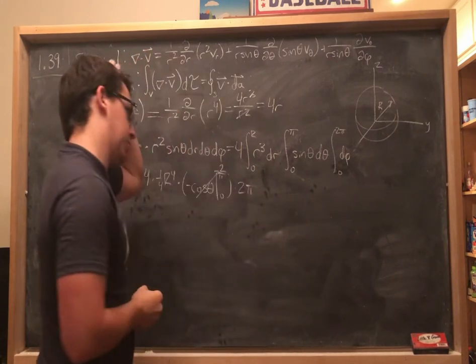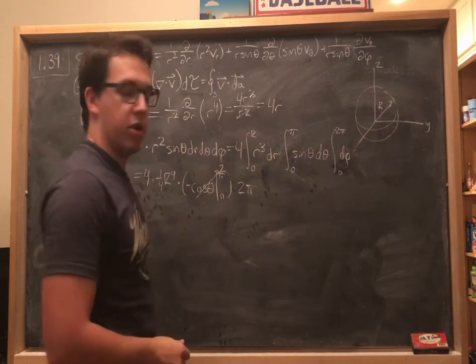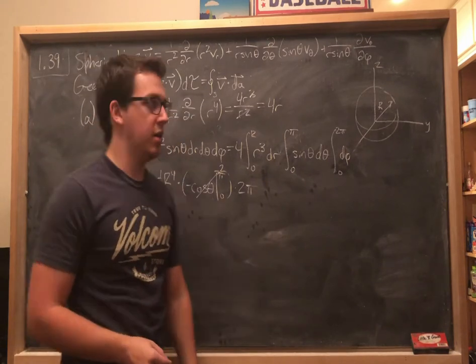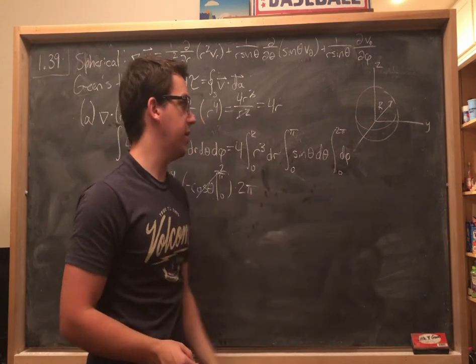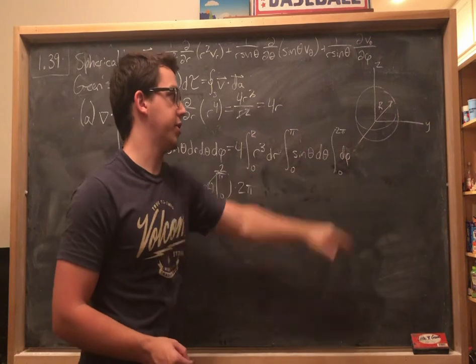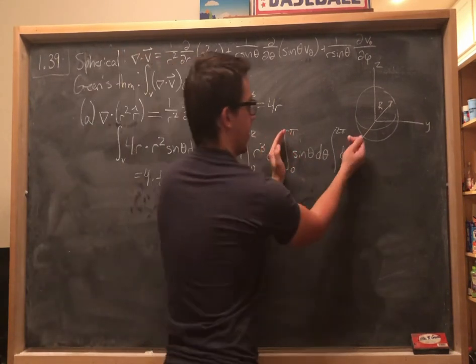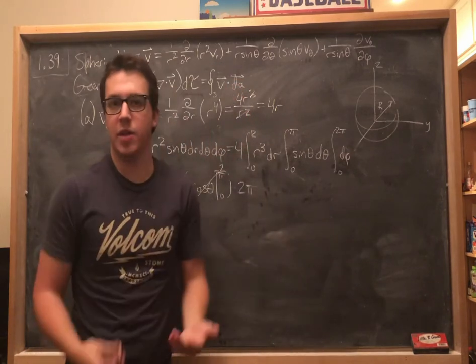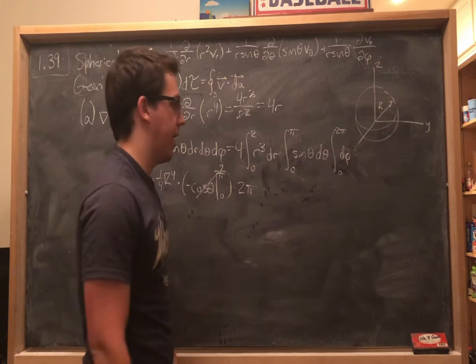You'll find that throughout E&M, you're going to run into problems pretty often that have nothing in the theta or phi. And so you'll see these sine theta d theta d phi integrals a lot. It pays to just remember that this equals 4 pi, because it makes it much quicker, because like I said, you'll be seeing that a lot.